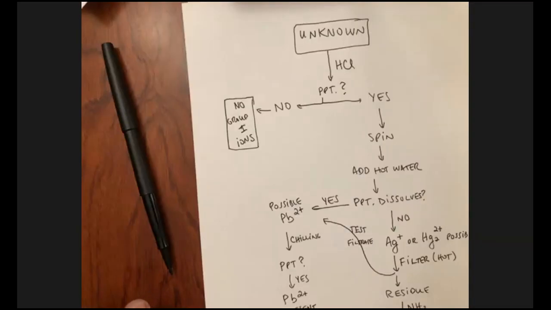And each student is going to receive individually a PDF file that has also a sequence of pictures. Based on what you observe in those pictures, you're going to have to decide which ions are present and which ones are absent in your unknown.